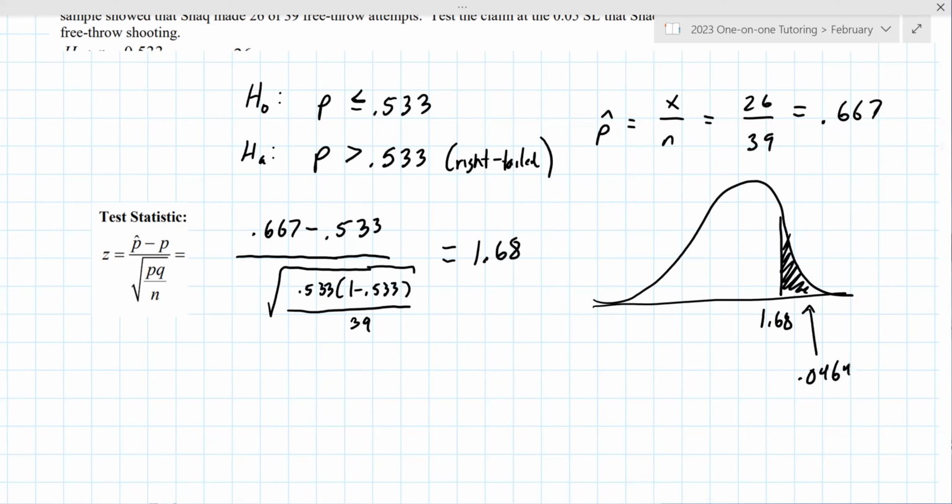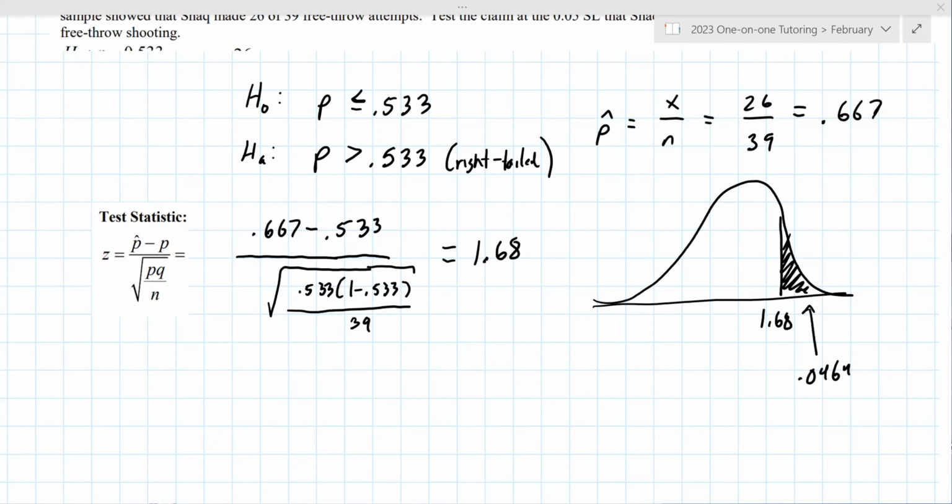I don't use a TI-83 for this, but I can look it up. It's the second distribution, normal PDF. Okay, thank you.